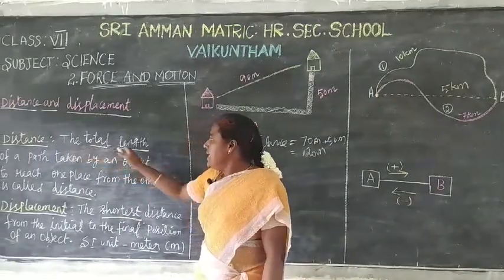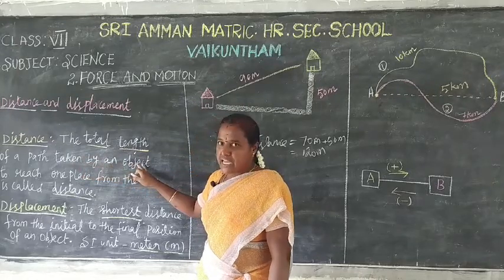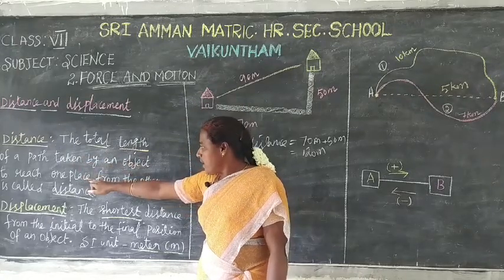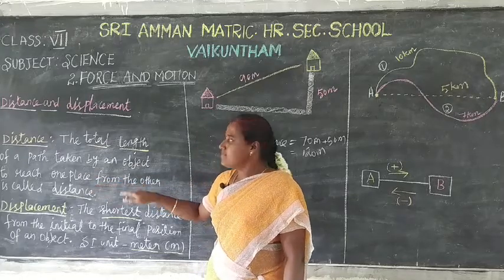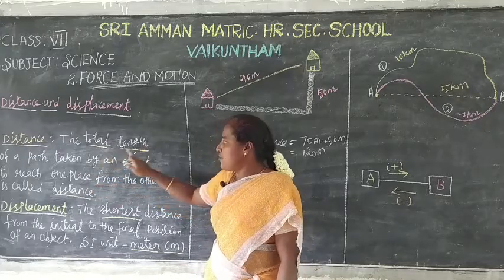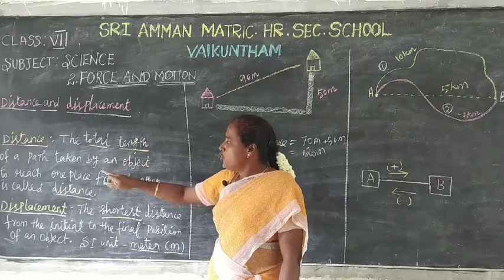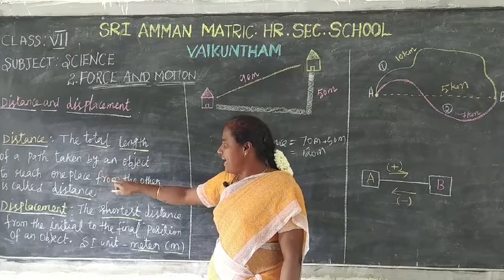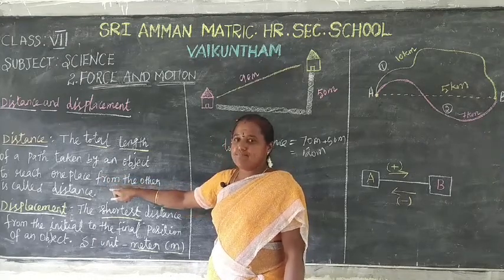The total length of a path taken by an object to reach one place from the other is called distance.